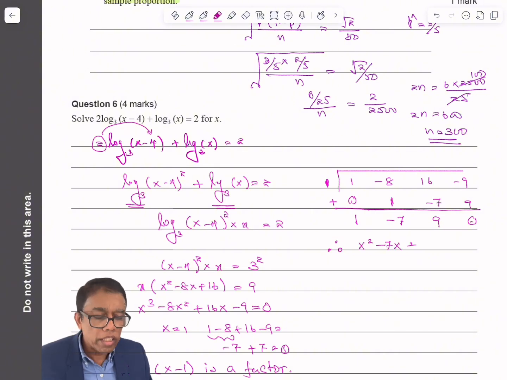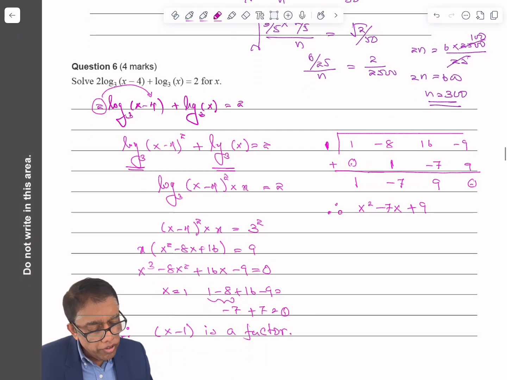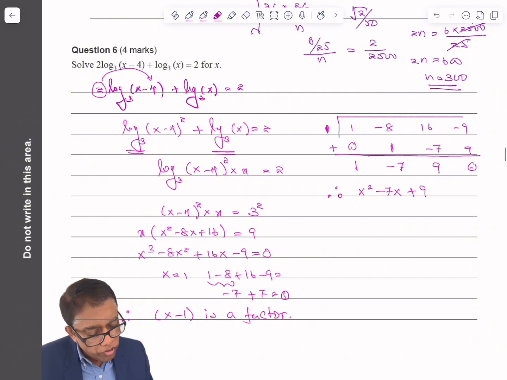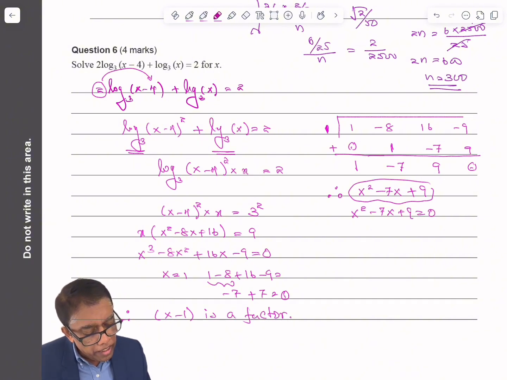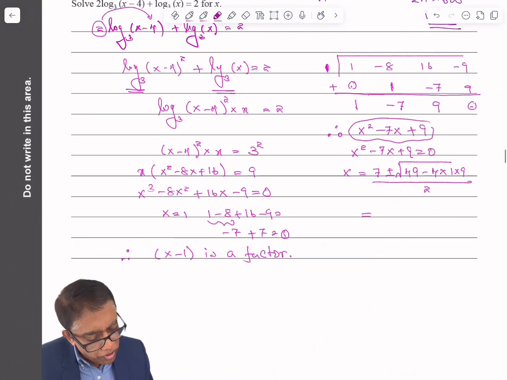We have to solve this quadratic equation. How do you solve the quadratic equation? x squared minus 7x plus 9 is equal to 0. We can use the quadratic formula. x is equal to negative b, which is 7, plus or minus the square root of b squared, which is 49, minus 4 times 1 times 9, over 2. It is 7 plus or minus the square root of 49 minus 36, over 2.